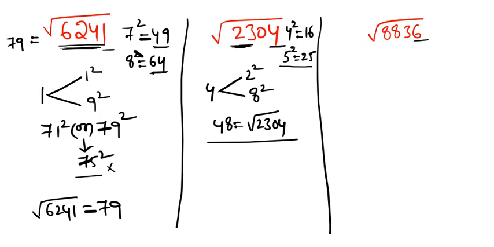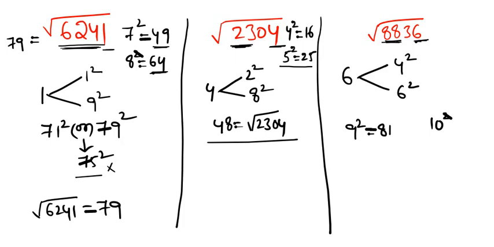For 8836, the unit digit is 6. 6 is the units place for 4 square as well as 6 square. For the remaining 88, we get 9 square equal to 81 and 10 square equal to 100. It may be 94 or 96.